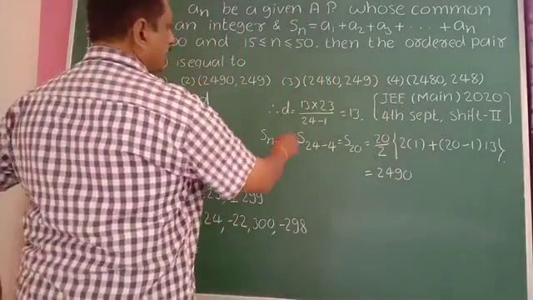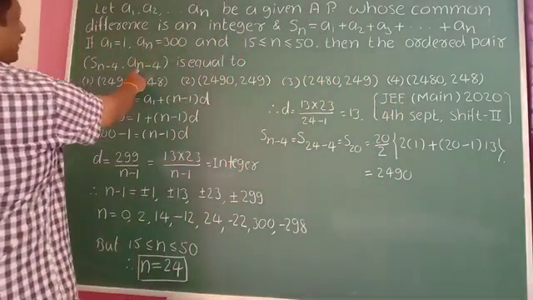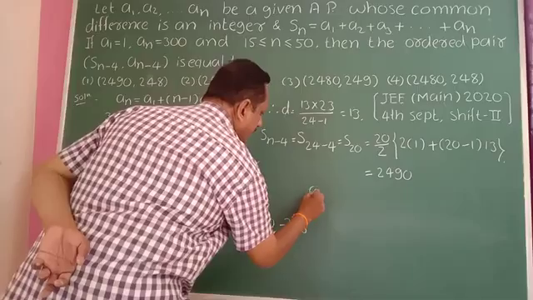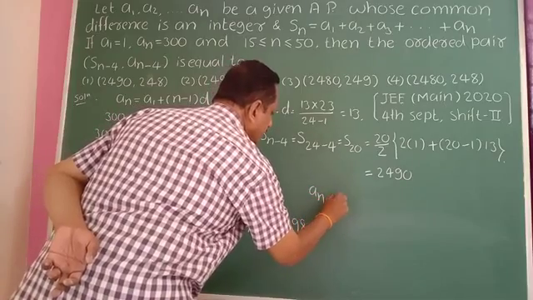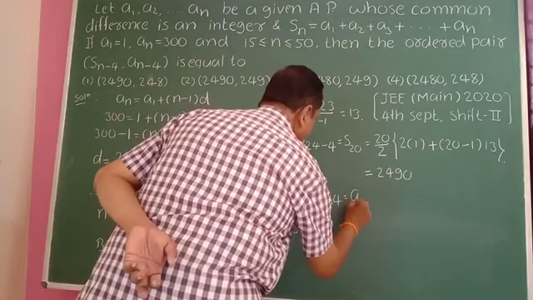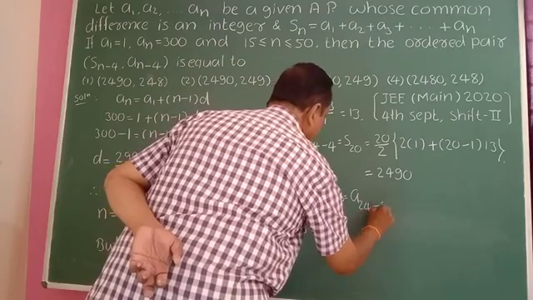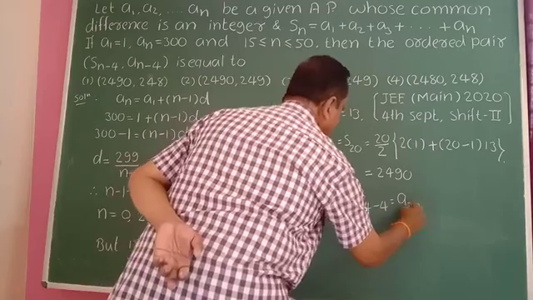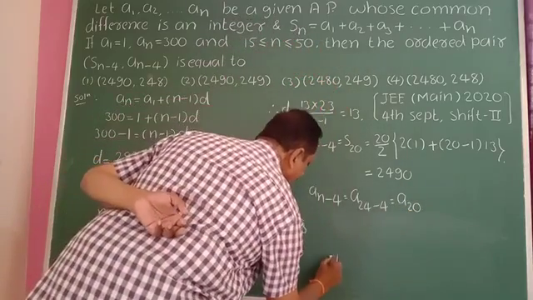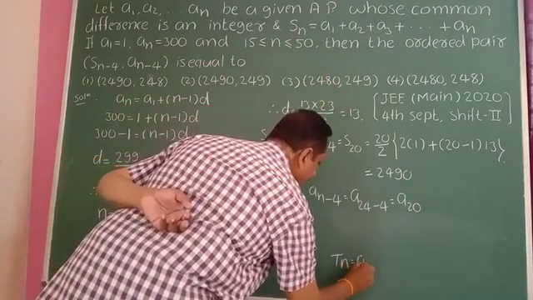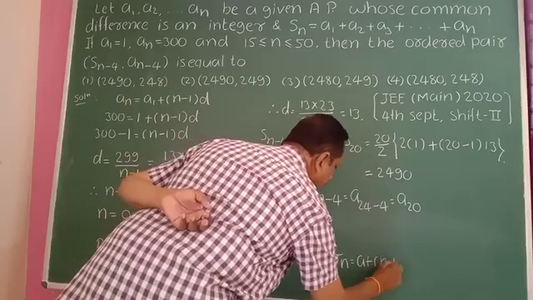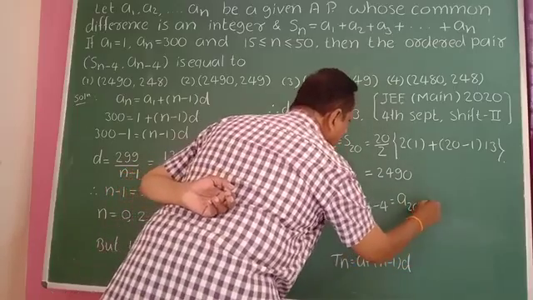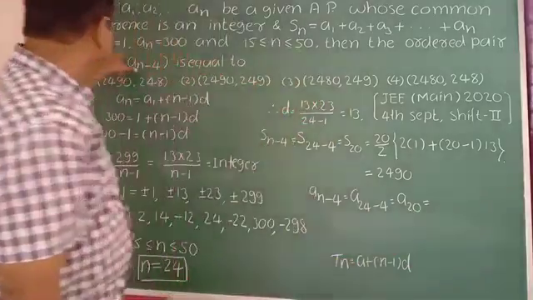Similarly, here find this one, a n minus 4 here. a n minus 4 is equal to a 24 minus 4 here. It gives a of 20. And you know this formula, Tn is equal to a plus n minus 1 into d. Therefore first term is this 1 here.